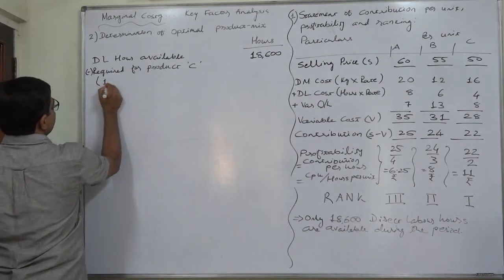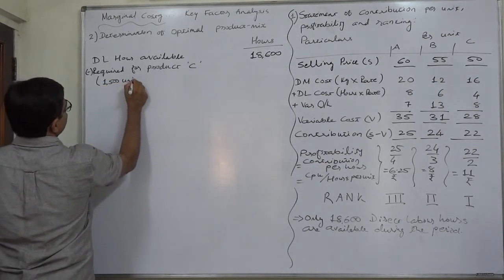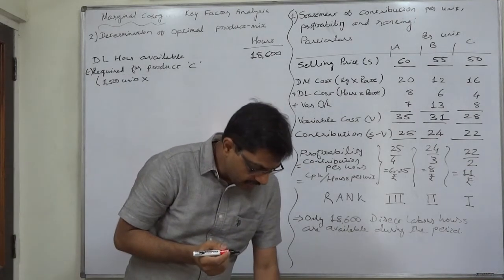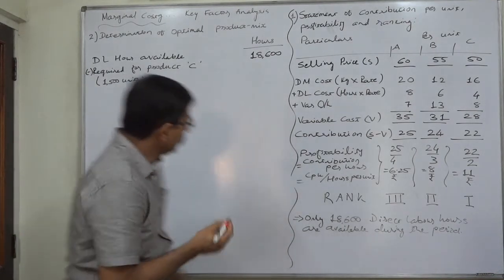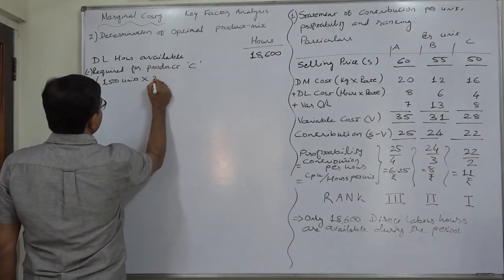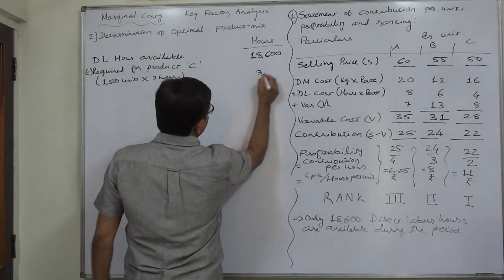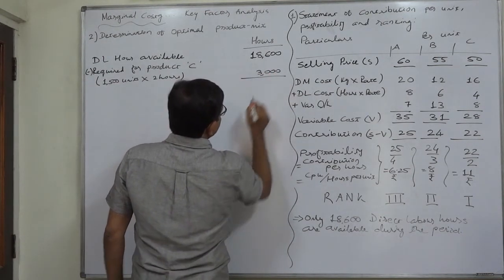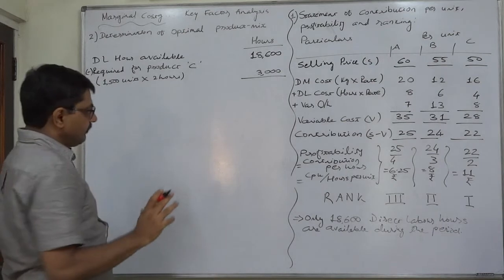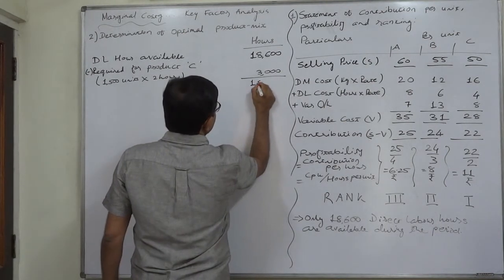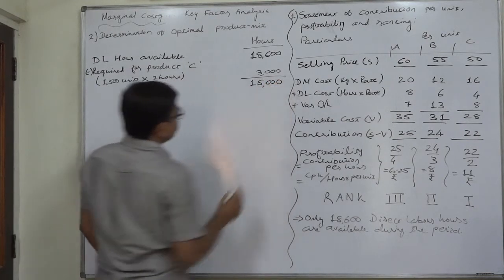So the number of units is 1,500 and the labor hours per unit required are 2. So out of 18,600, 3,000 hours should be kept as reserve for product C, and now the remaining hours available are 15,600.